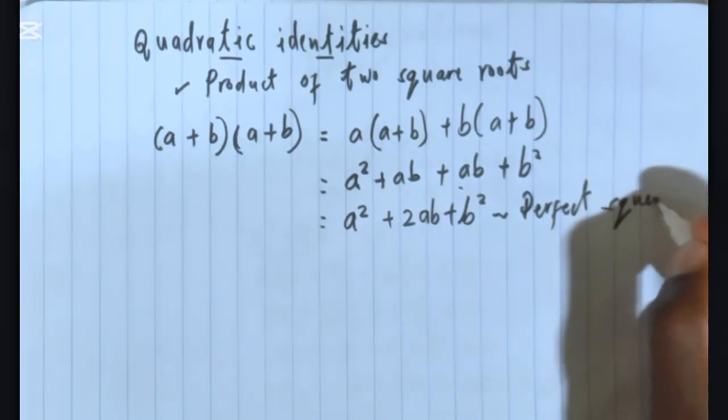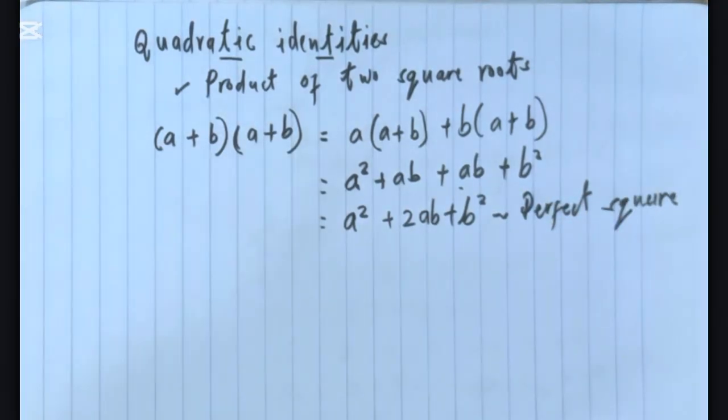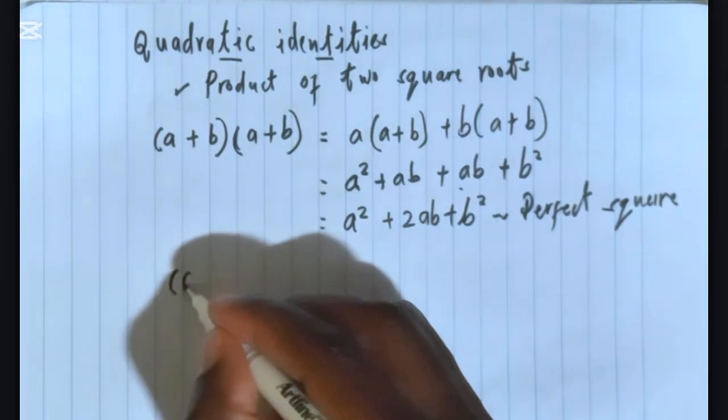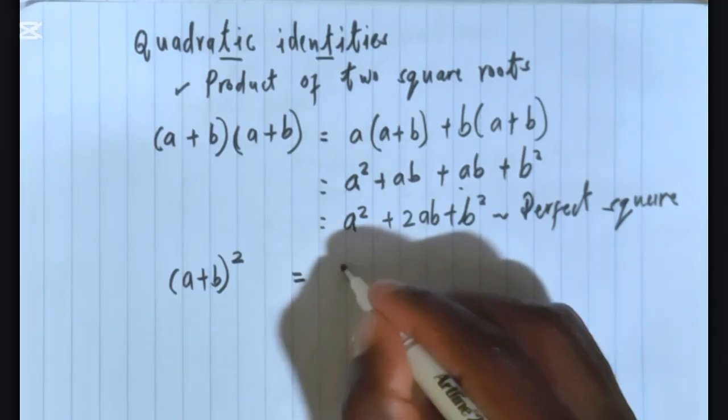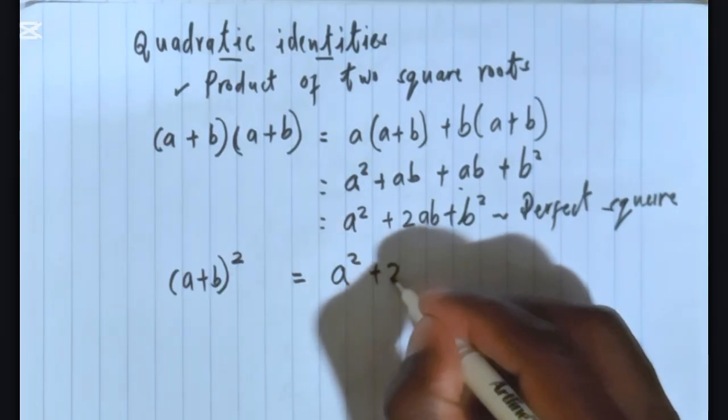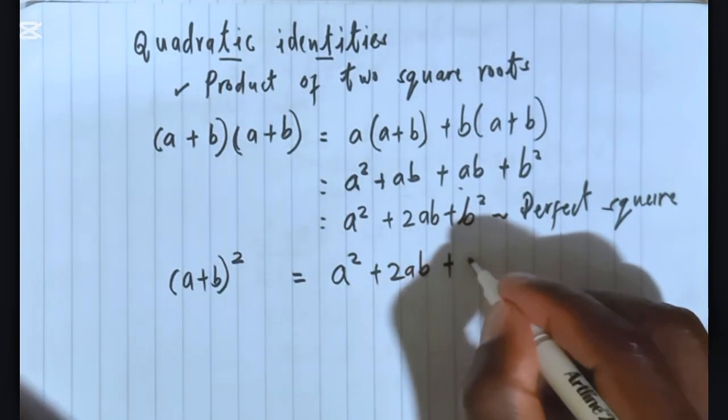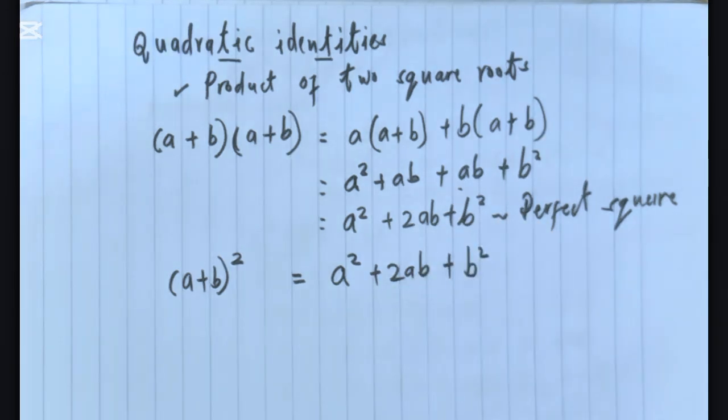In essence, what we mean is that when you take a plus b and you square it, you're always going to get a squared plus 2ab plus b squared.